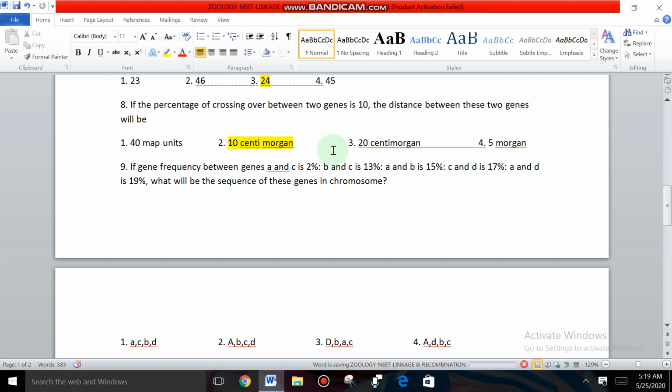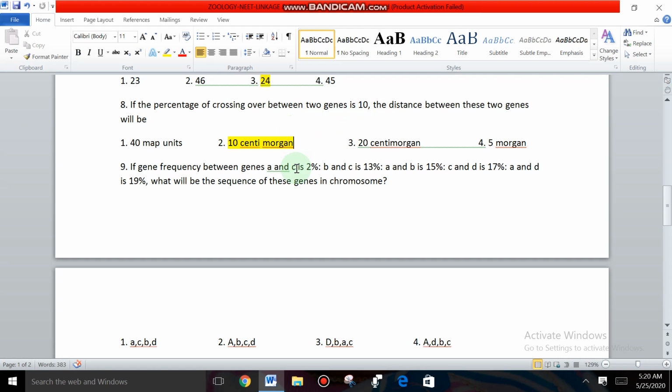The distance between genes is considered in centimorgans, right, or map units. It depends upon the crossing over. So 10% crossing over or 10% recombination is equal to 10 centimorgans or 10 map units.